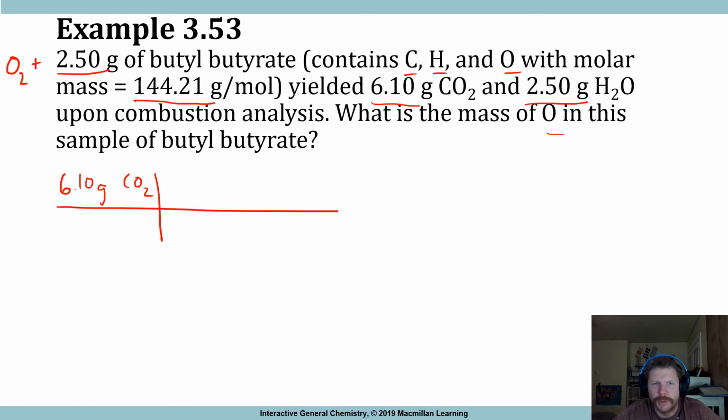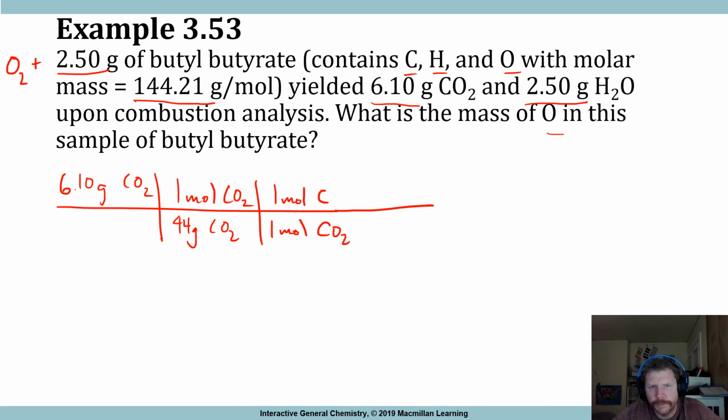Okay, so what I'm going to do is convert this CO2 into mass of carbon present. So 44 grams of CO2 is 1 mole of CO2. 1 mole of CO2 has 1 mole of carbon. 1 mole of carbon has a mass of 12 grams of carbon.